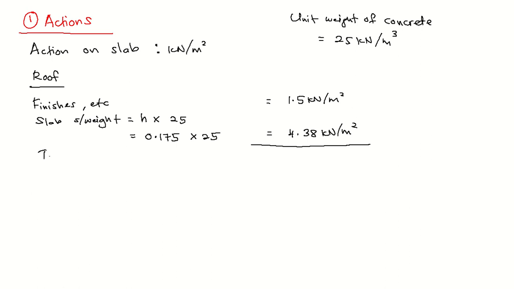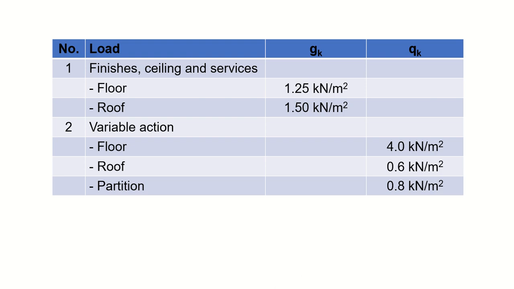So this is your total GK. So your total GK is equal to 5.88 kilonewton per meter square. Okay, 1.5 plus 4.38, you get 5.88 kilonewton per meter square. So this is GK. How about QK? So let's look at here. You have variable action for roof 0.6 kilonewton per meter square.